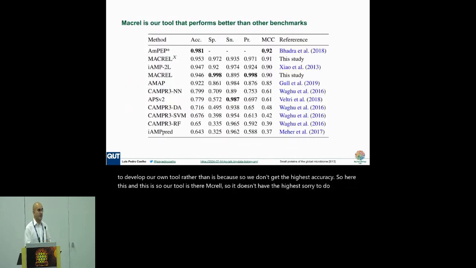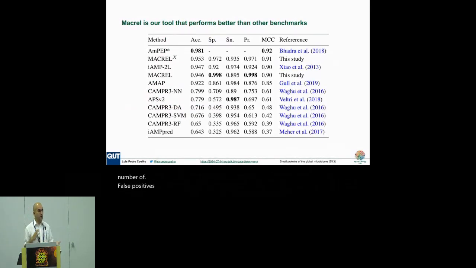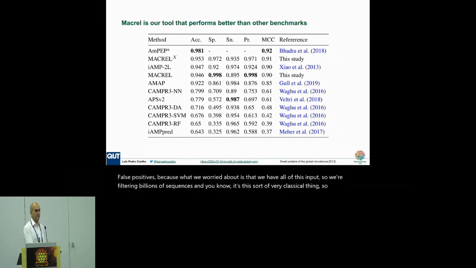It doesn't have the highest accuracy, but it has the highest specificity. So it has the lowest number of false positives, because what we worried about is that we have all of this input. So we're filtering billions of sequences, and it's this very classical thing: if you have a very small true positive rate, you're really risking it with false positives.